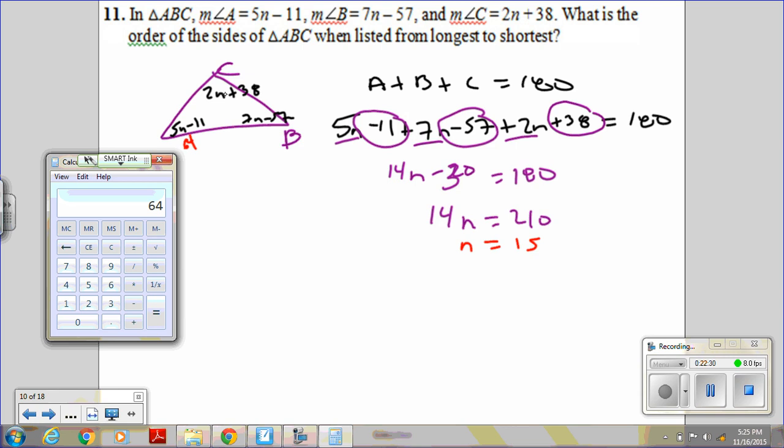I know 2 times 15 is 30 plus 38 would give me 68. So that's the other angle.